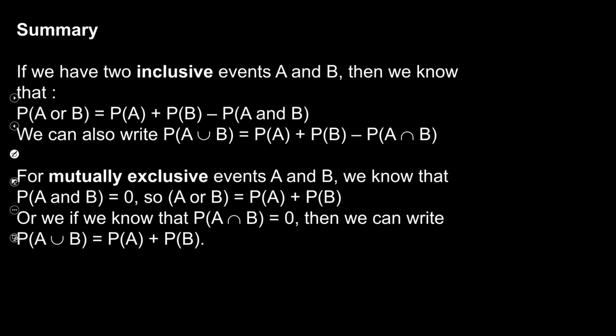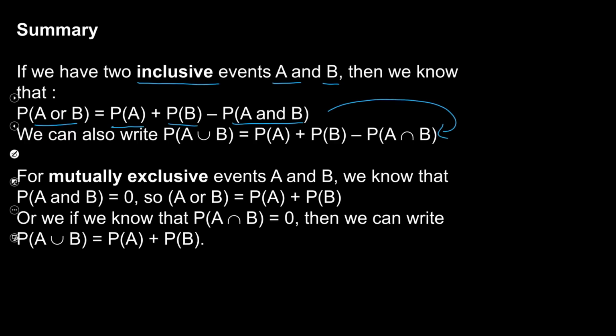So let's look at our summary. If you have two events, inclusive A and B, then we know that this is inclusive. The probability of A or B is the same as the probability of A plus the probability of B minus the probability of A and B. And this is the same as that.